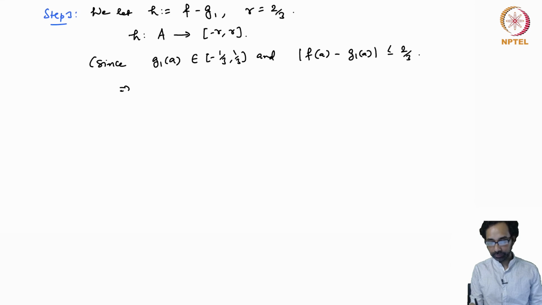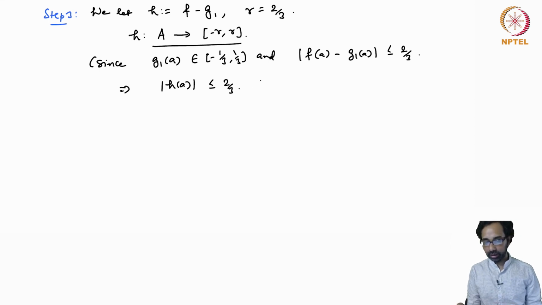So this means that modulus of h of a is less than or equal to 2 by 3, and this is exactly what is given here. So this is the same as saying that h with the domain A lands in the interval minus 2 by 3 to 2 by 3. Okay.